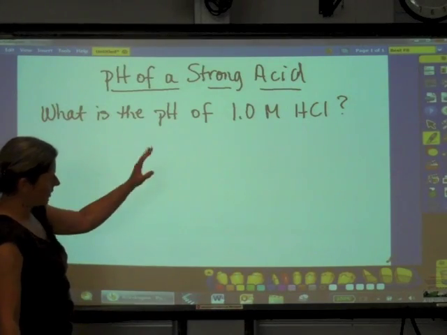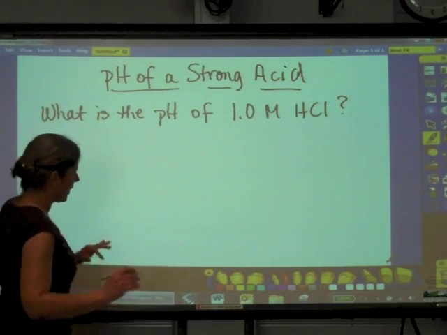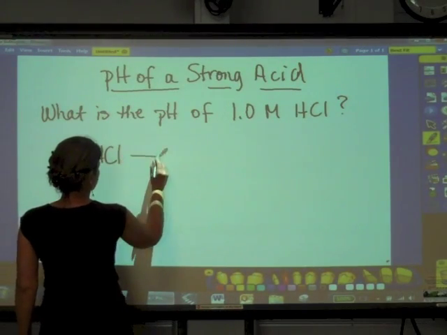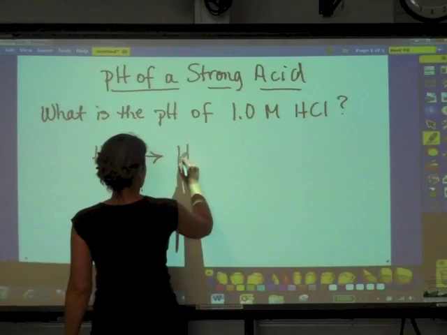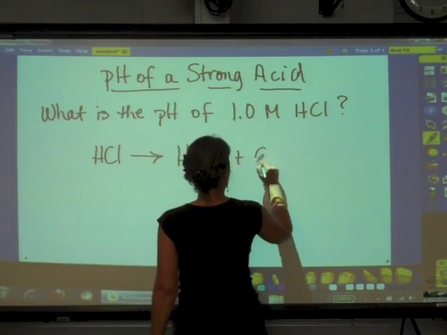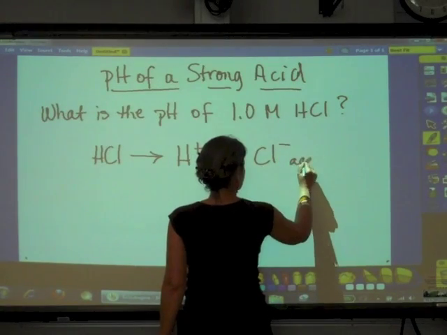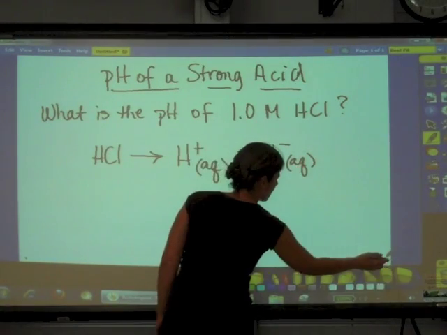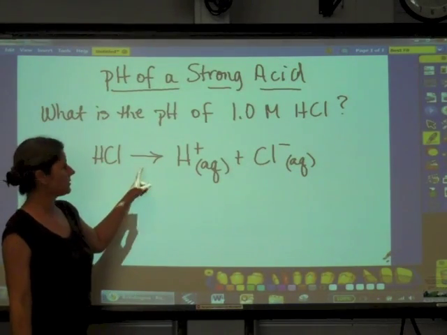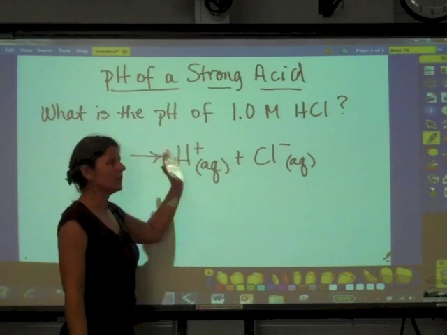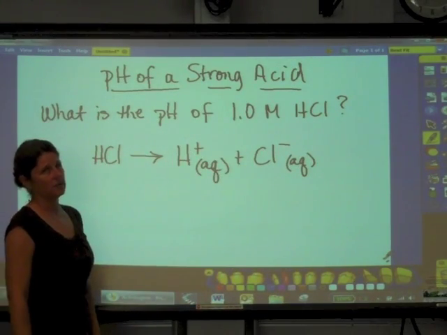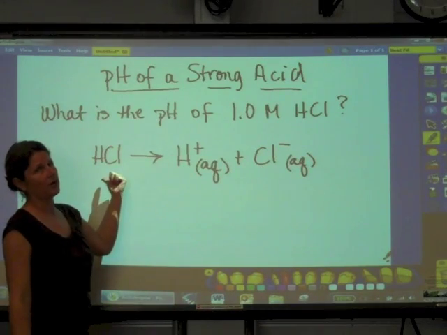So, 1 molar HCl, hydrochloric acid in solution is going to be H plus and Cl minus, and this is a one-way arrow in solution. It only dissociates. We never get the reverse reaction going on here, ever.